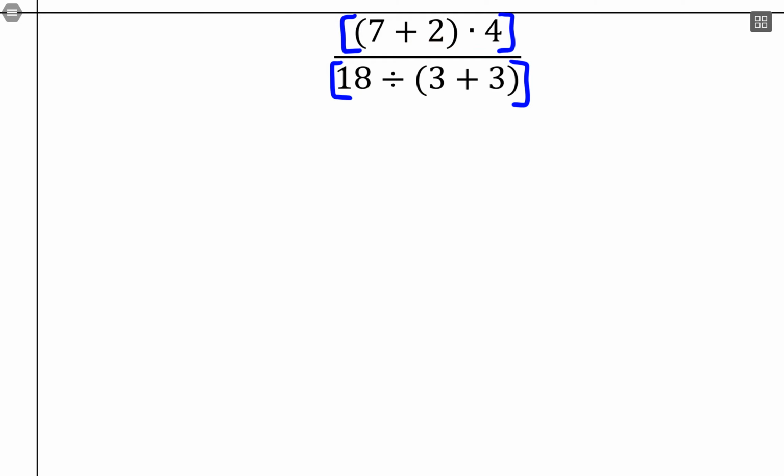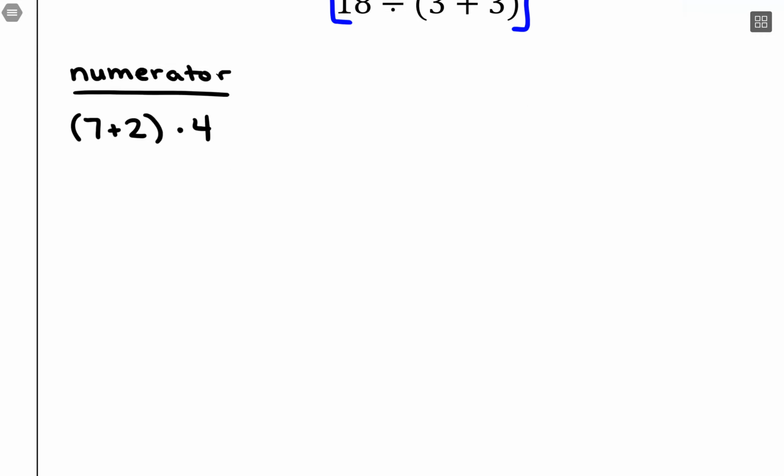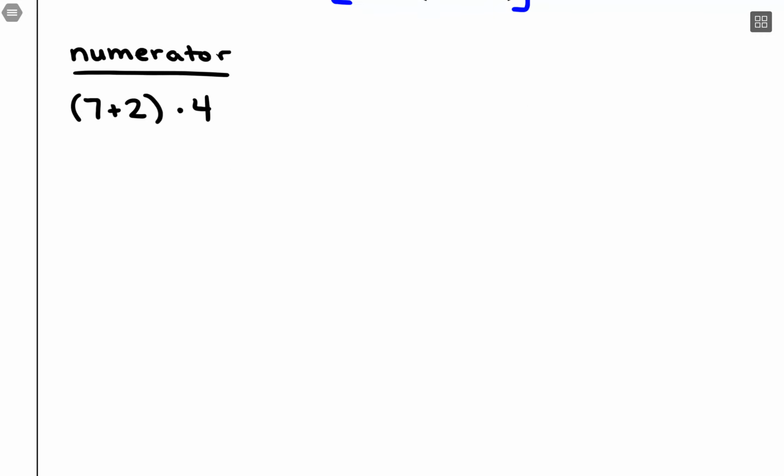Now, what can be helpful for students here, if you want to, you can break it up as kind of side work. Like say we just wanted to focus on the numerator. What that would mean is we would just be taking that 7 plus 2 times 4. And what we're trying to do is simplify this so that we just get a number out up there. So what we can do is just focus on this.